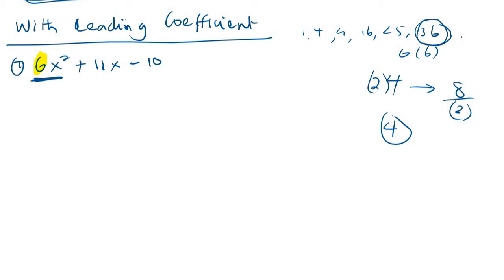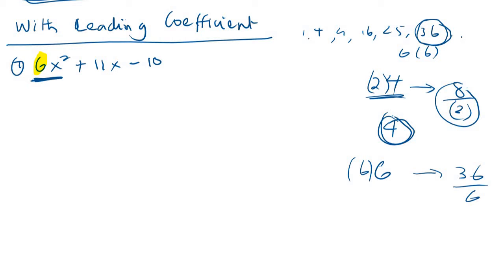Another example: if I have 6, I want to change it to 36, but I don't want to lose the 6. So if I multiply by 6 to give me 36, I need to divide by 6 to give me the same 6 back. Okay, that's the math thing that we need to do over here.